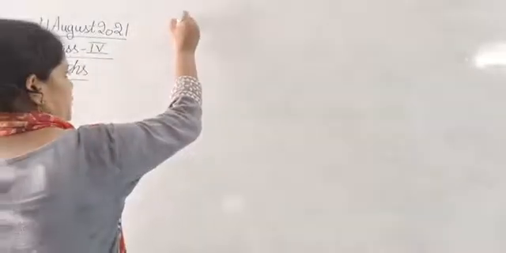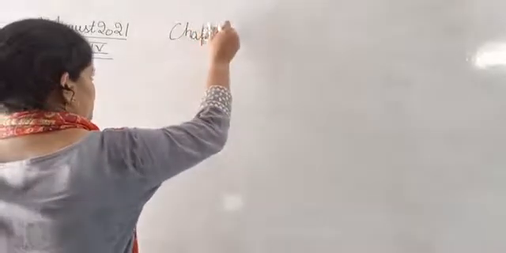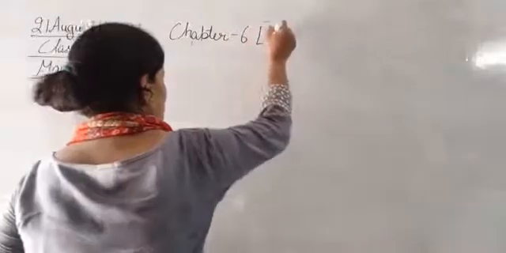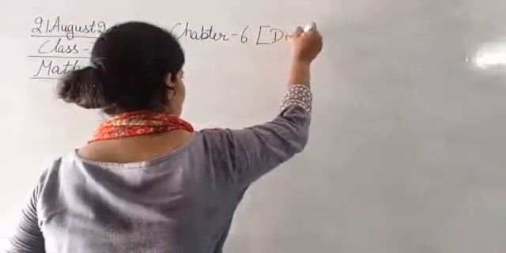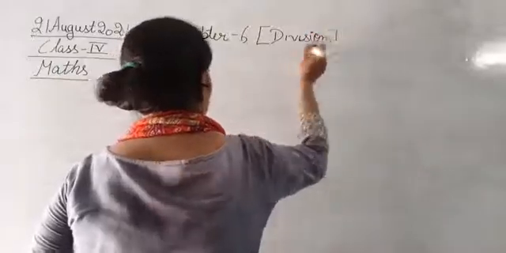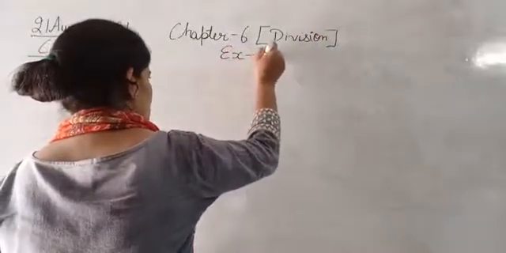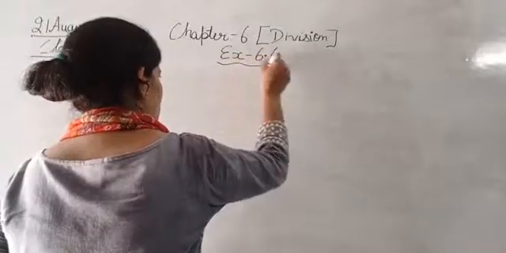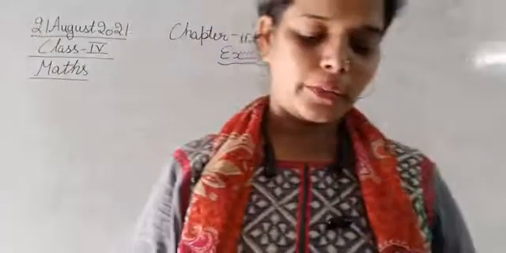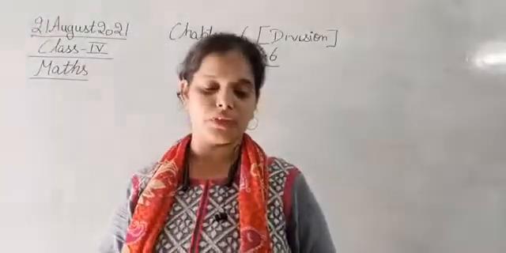First of all I am writing the topic here. Chapter number 6. The topic is division and the exercise is 6.6. The first three questions we have done, so I am starting with the fourth one.